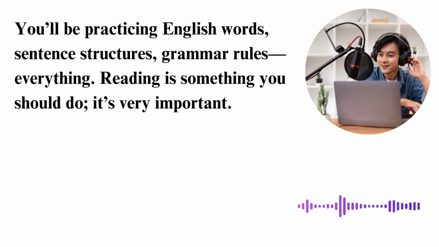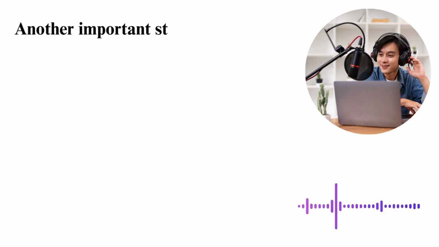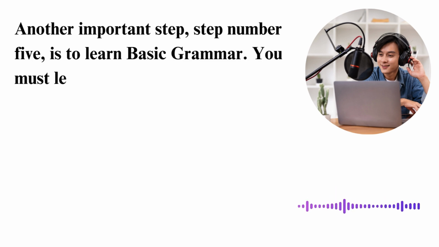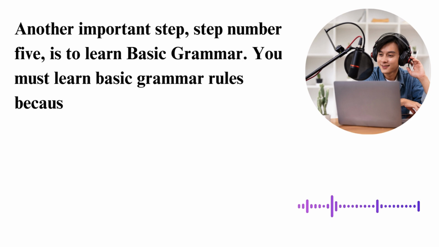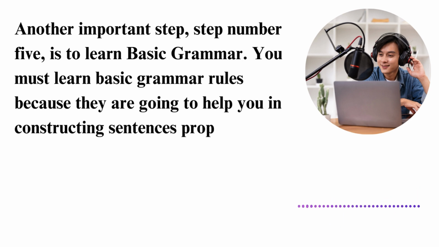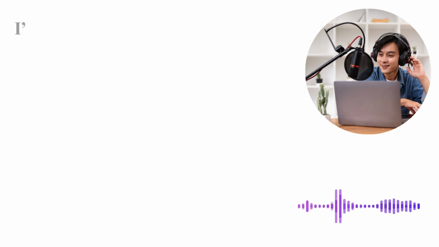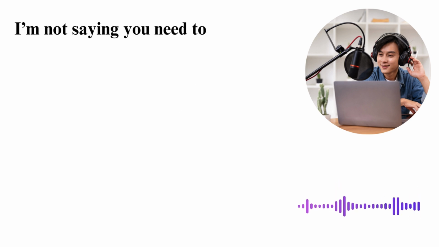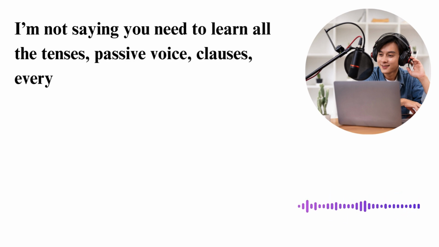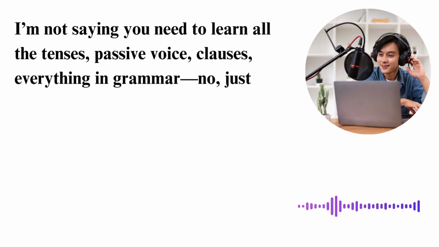It's very important. Another important step, step number 5, is to learn basic grammar. You must learn basic grammar rules because they are going to help you in constructing sentences properly. I'm not saying you need to learn all the tenses, passive voice, clauses, everything in grammar.